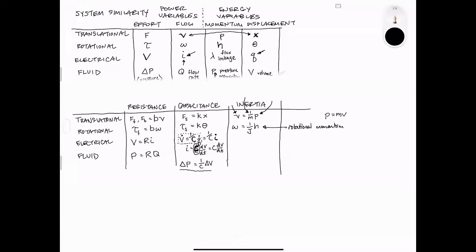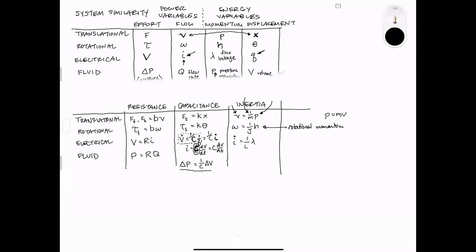So we have flow variables. We'll do this next one, which is I, that equals 1 over L times the momentum variable, flux linkage. So we know that if we have an equation with L, if we keep on solving for this equation, we can take the time derivative of both sides.